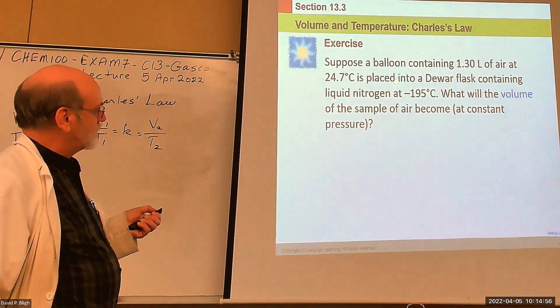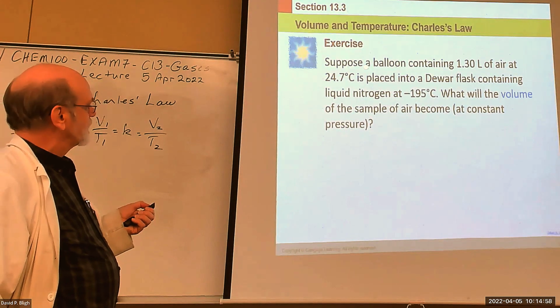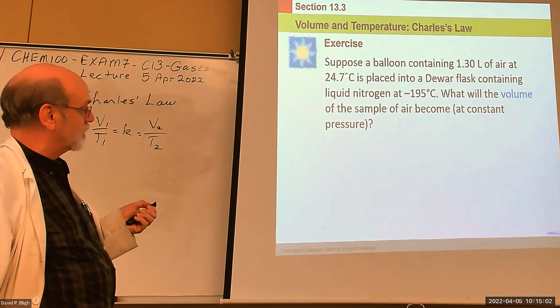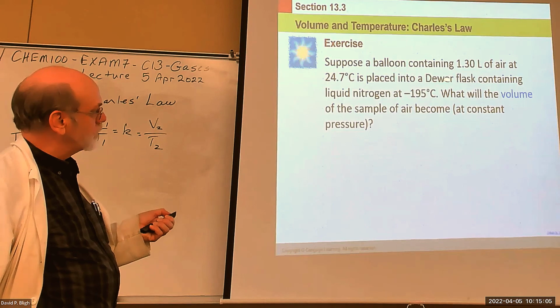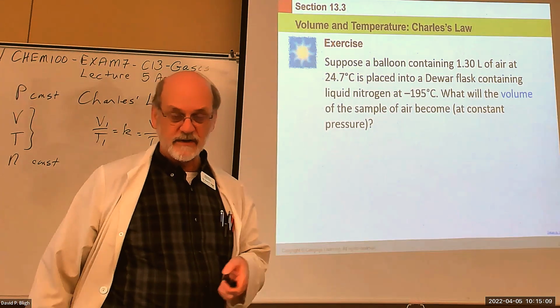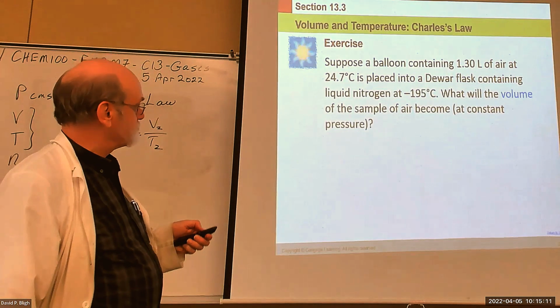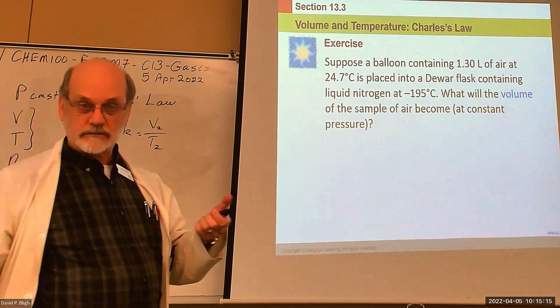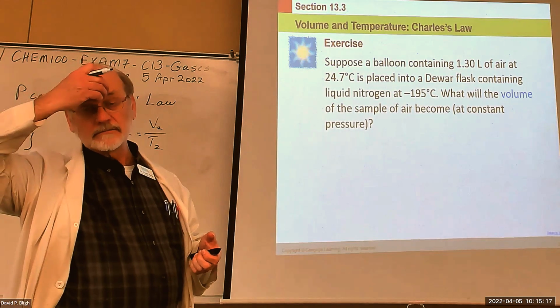And then, let's see, you have this balloon that's this volume and at that temperature. Now you put it in a Dewar flask that contains liquid nitrogen at minus 195 degrees Celsius. What's the volume of the sample of air after? Right?